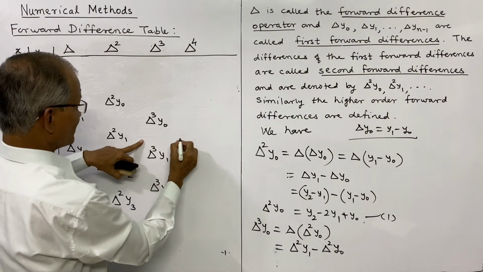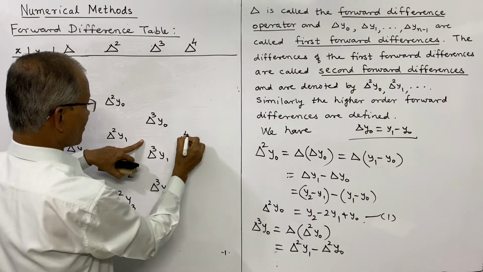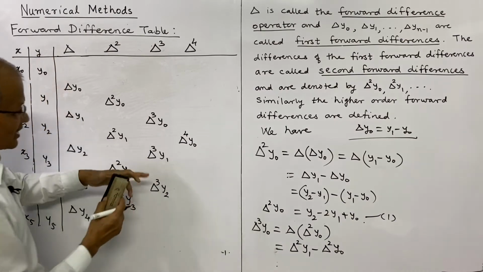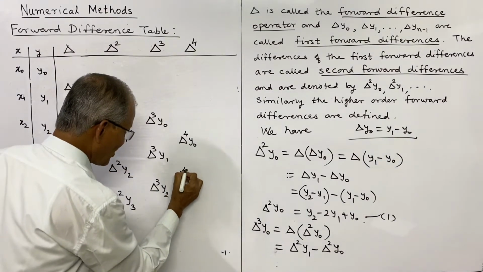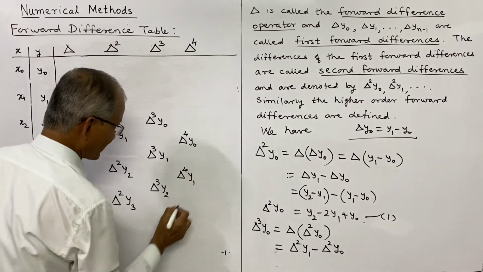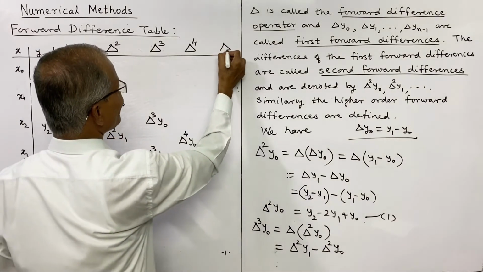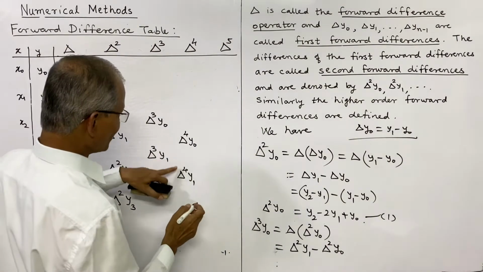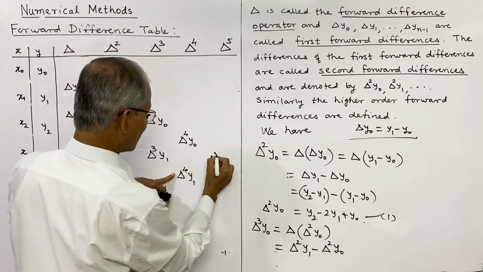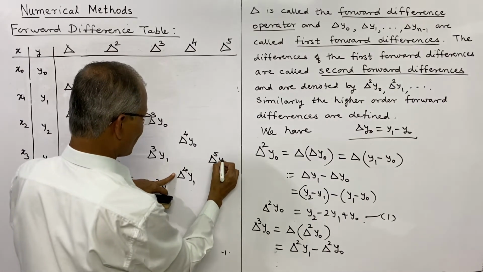and that will be here delta raised to 4 at y0, the difference between these two. Similarly this is delta 4 of y1, and finally we can write the fifth order difference as the difference between these two, and that is delta to the power 5 of y0.